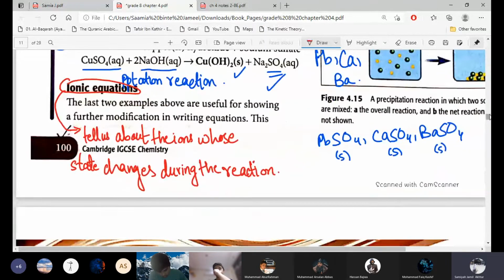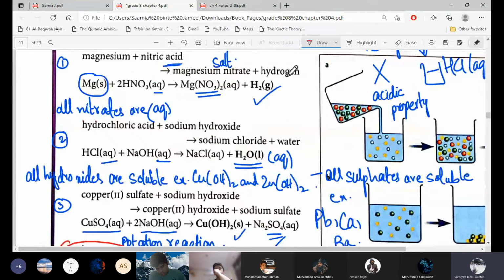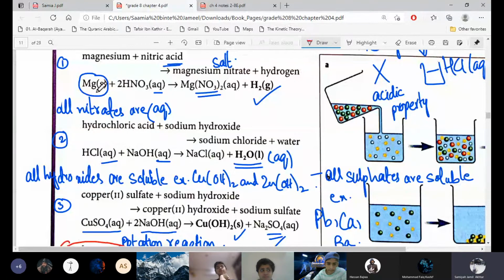For example, see this equation: magnesium plus nitric acid gives magnesium nitrate plus hydrogen. You have these state symbols in front of you. Can you tell me which substance's state changes during the reaction? Magnesium is changing.